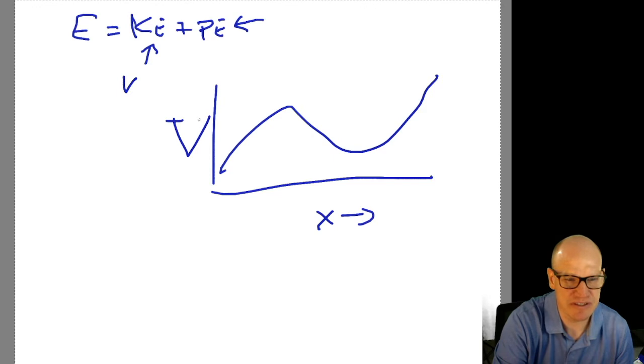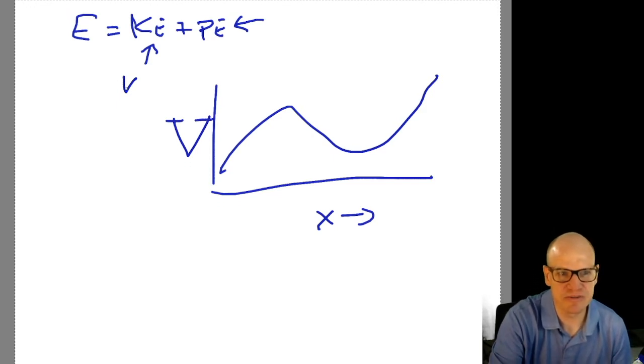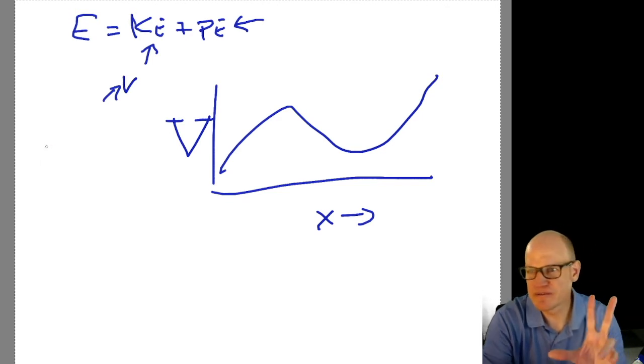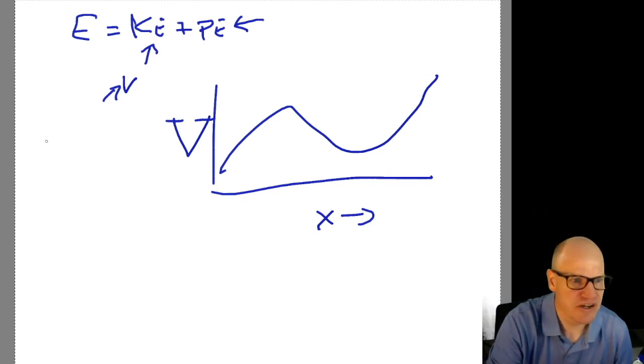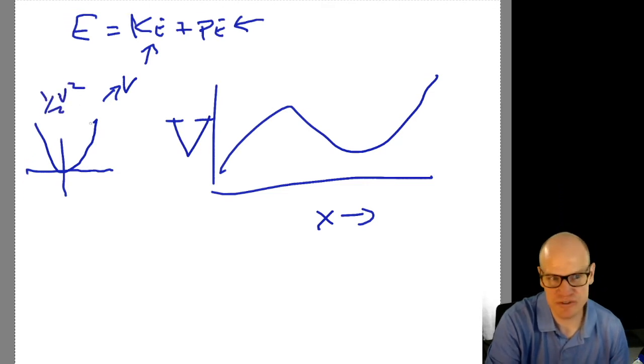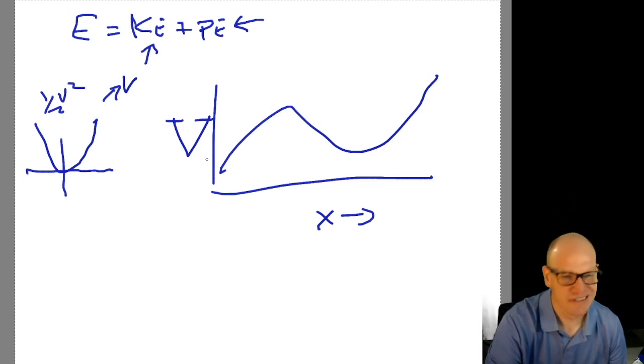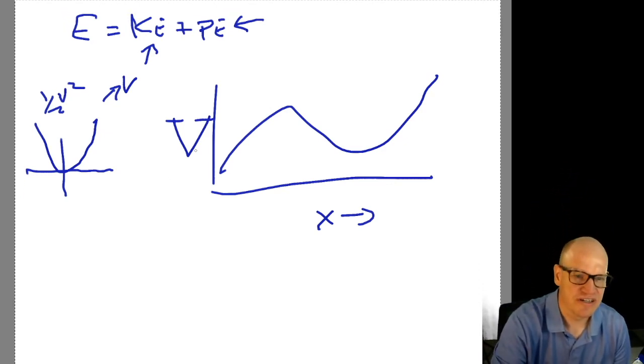I'm going to have to capitalize it to keep it distinct from this one, which is in velocity space. The kinetic energy, we know what the potential looks like in kinetic energy, which is a parabola. Looks like this. Okay, so this is 1/2 v squared, and that's velocity squared as opposed to potential here.